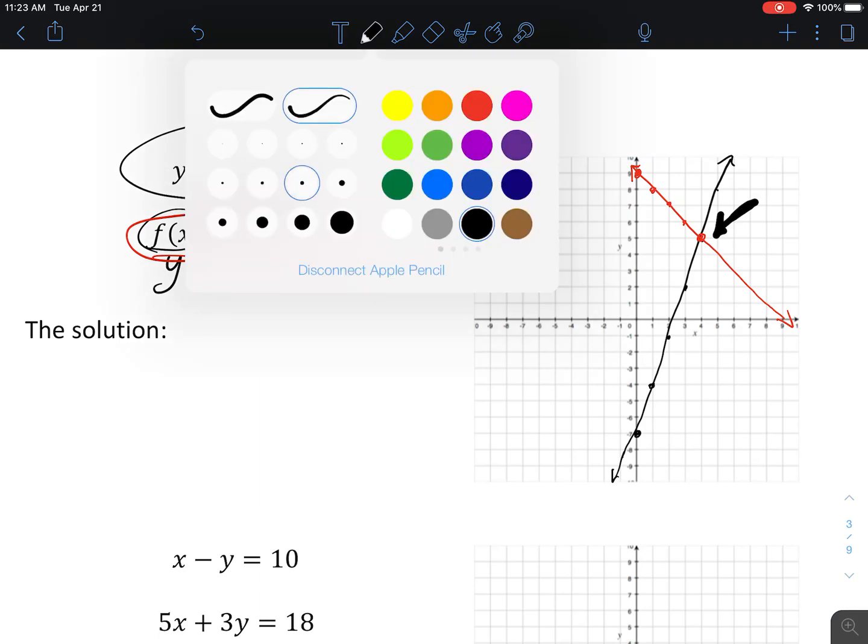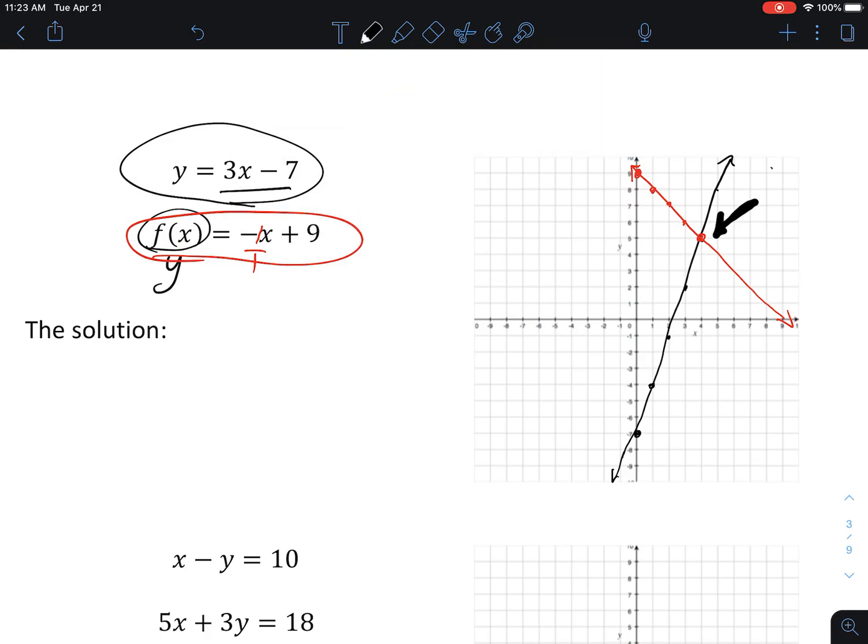Back to my black pen. This point is at the coordinates 4, 5. So my solution is x is 4, y is 5, or simply the coordinates 4, 5.